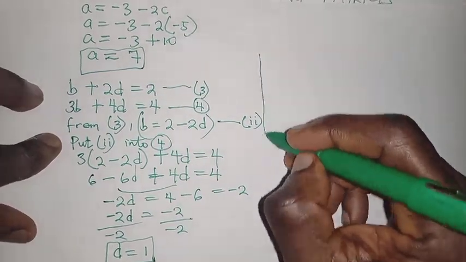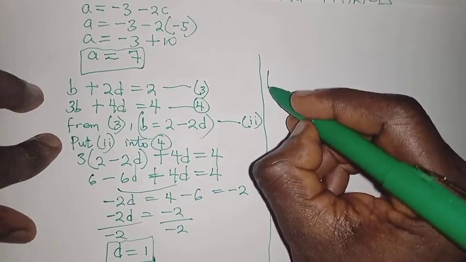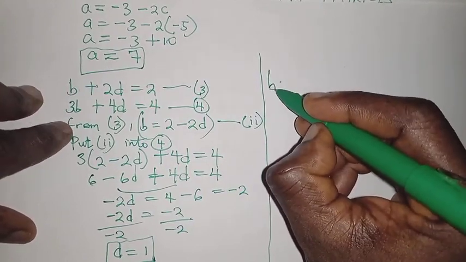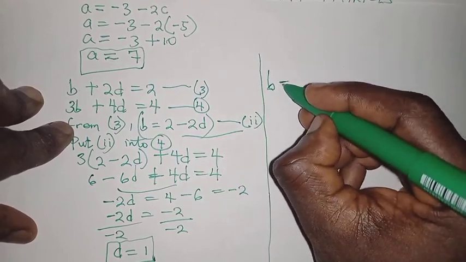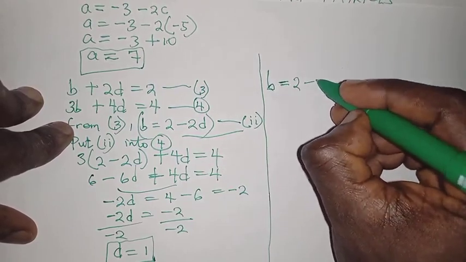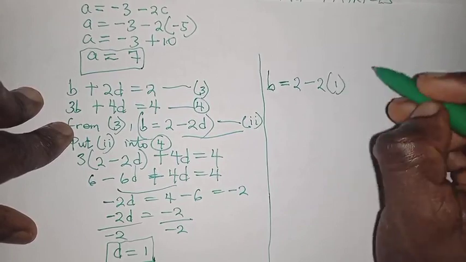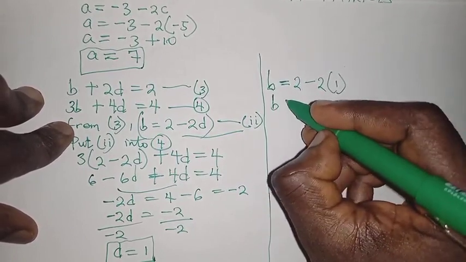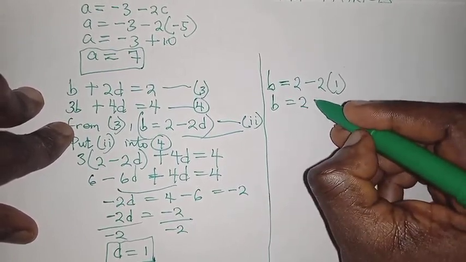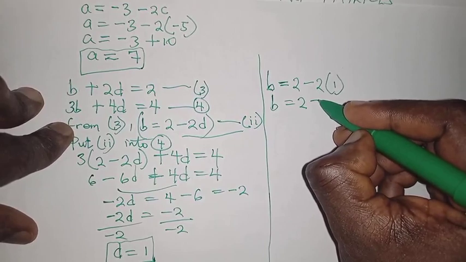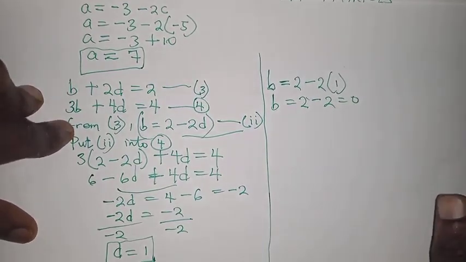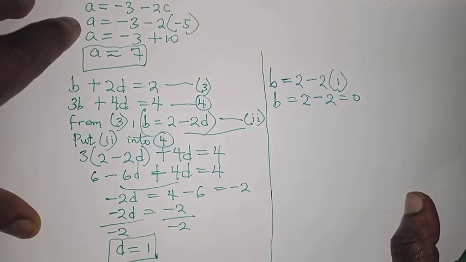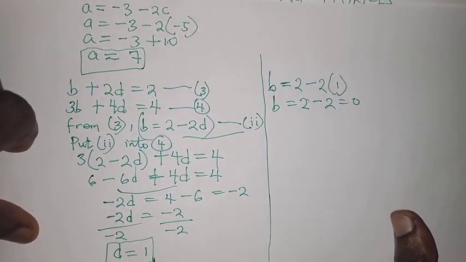If d is 1, b is going to be, remember equation Roman numeral II, 2 minus 2, 1. And that simply means that b equals 0. 2 minus 2 gives me 0. So that is the final answer.